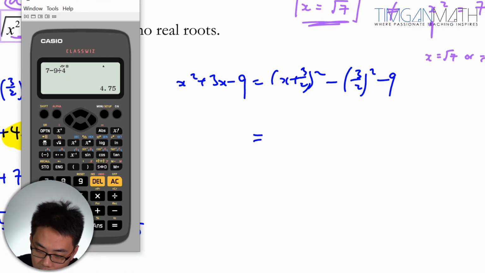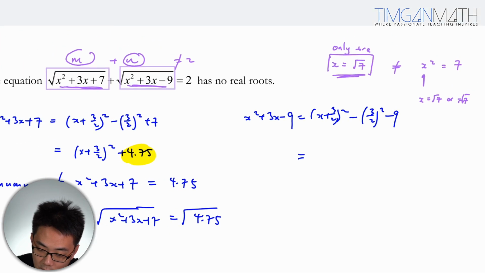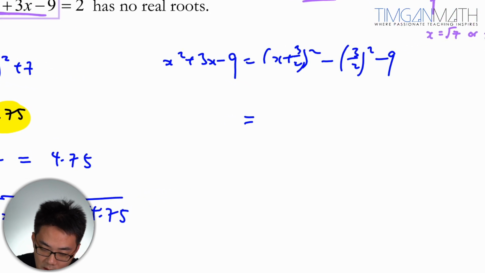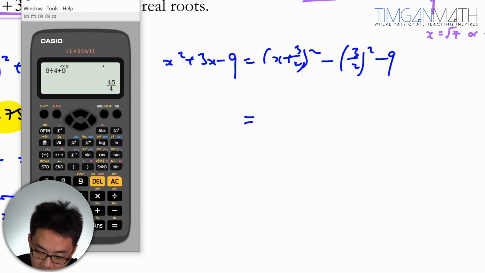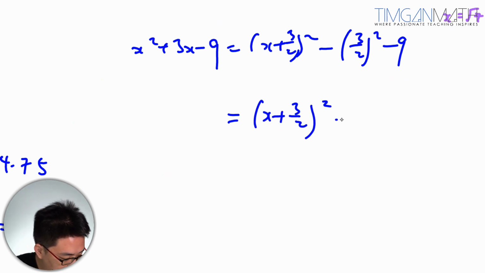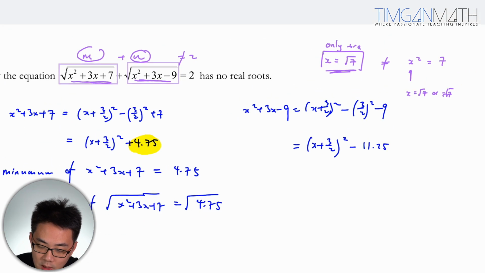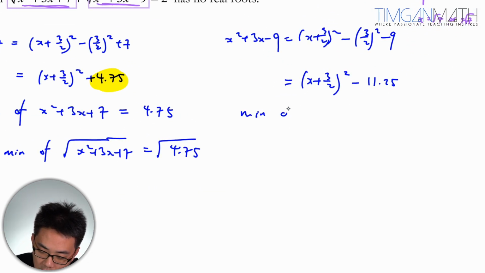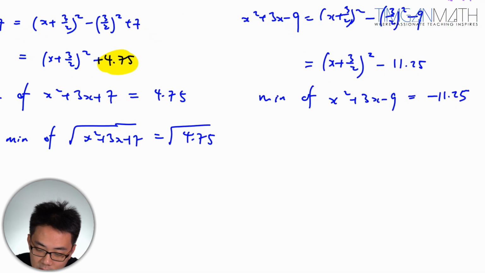It will be 9 over 4 minus 9, which is actually negative 11.25. So this part here will be x plus 3 over 2 squared minus 11.25. Great. So the minimum of x squared plus 3x minus 9 will be equal to negative 11.25. So in other words, the minimum of the square root of x squared plus 3x minus 9.